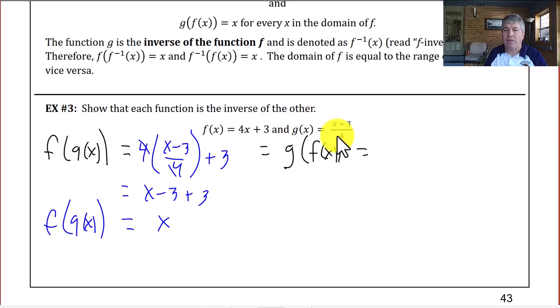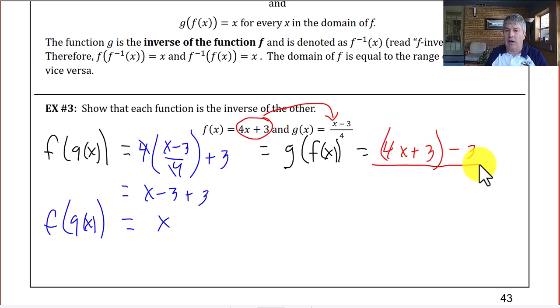Then we'll repeat the process with g of f of x. So now we'll take f of x and put it into x for g. So that becomes (4x plus 3 minus 3), our old x minus 3, all over 4. The plus 3 and minus 3 cancel out.